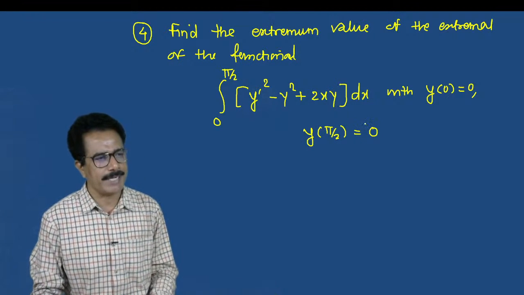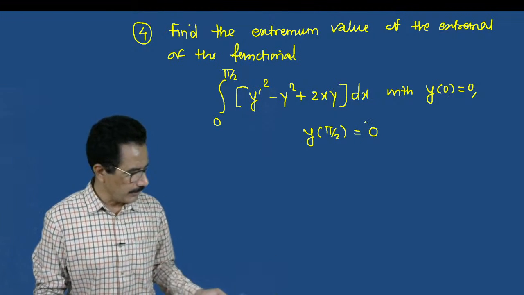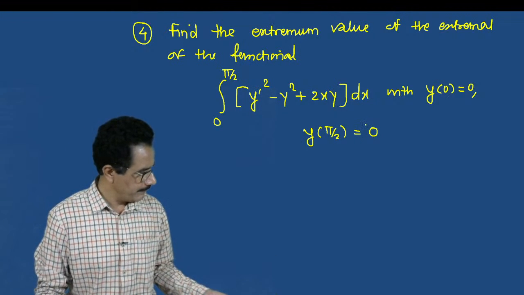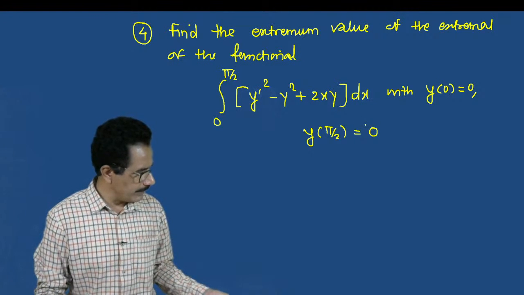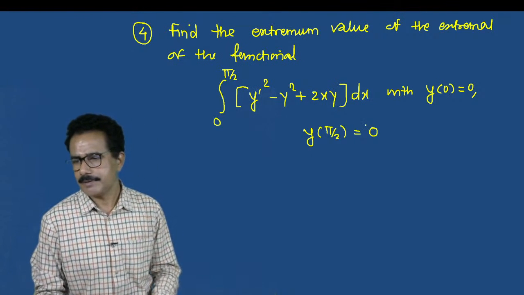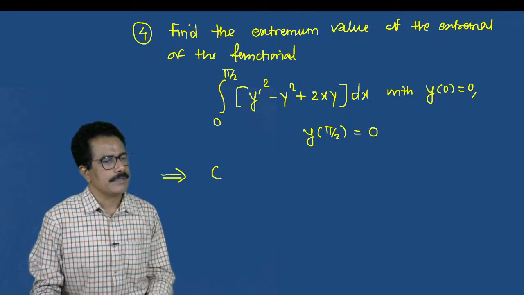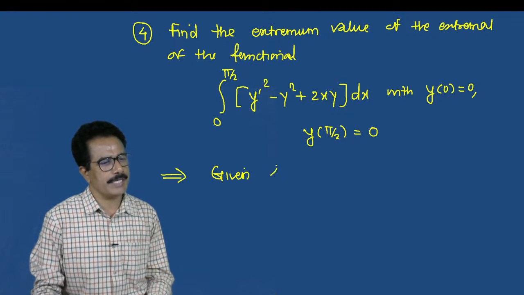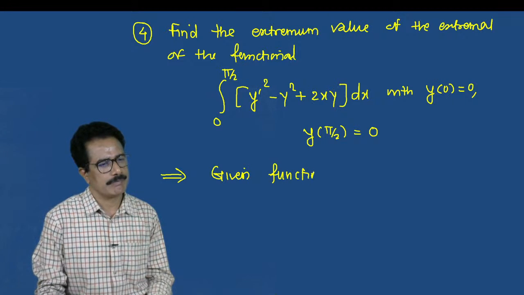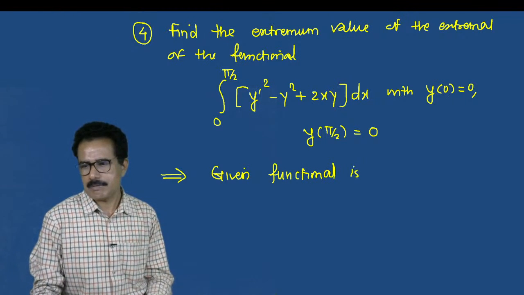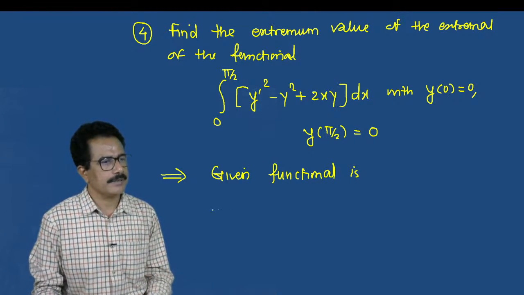हे झाले का पहा बरे. y of 0 is equal to 0, y of pi by 2 is equal to 0. हा झाला का प्रॉब्लेम पहा. So given functional is, what is that functional?